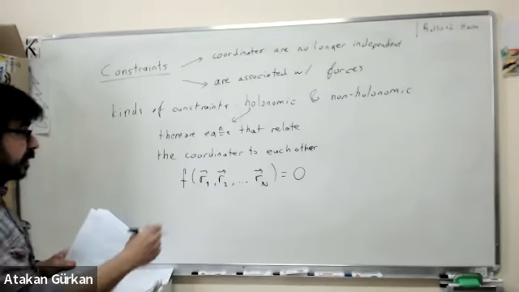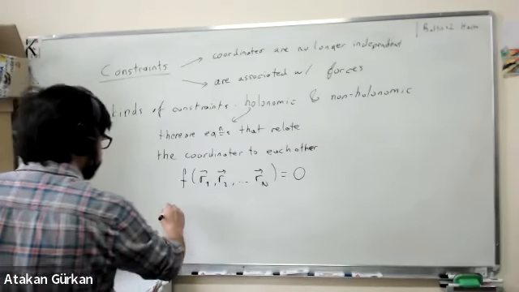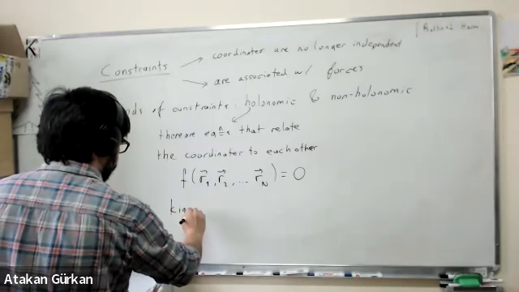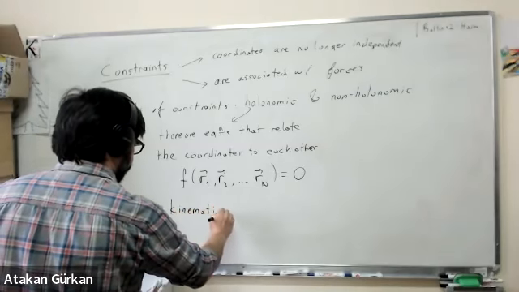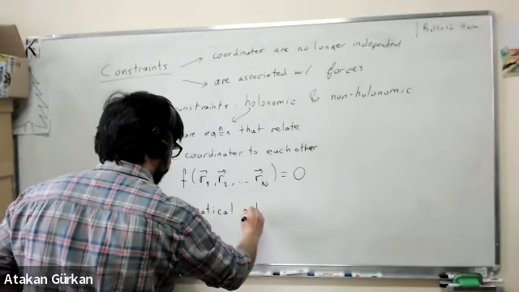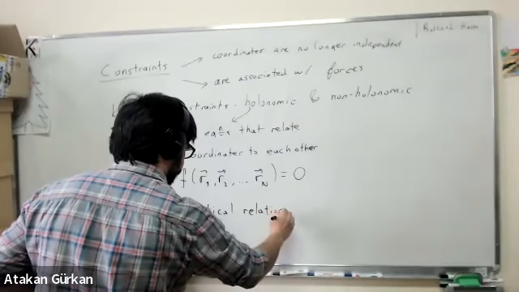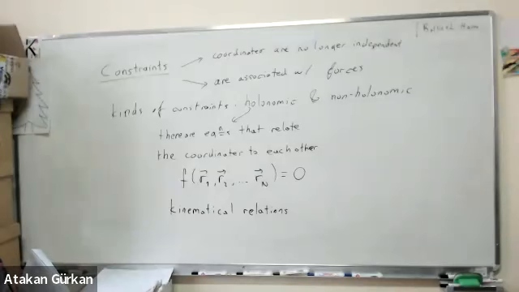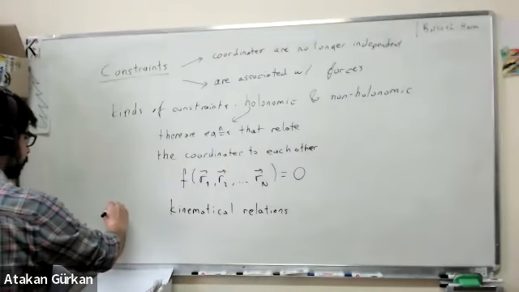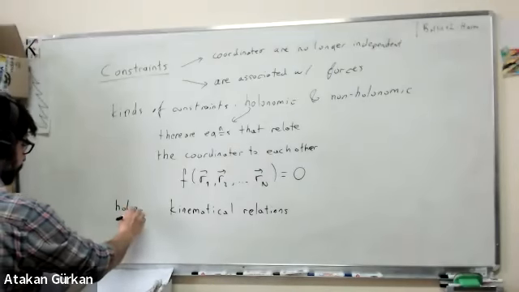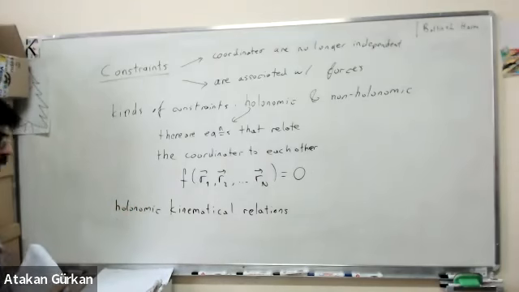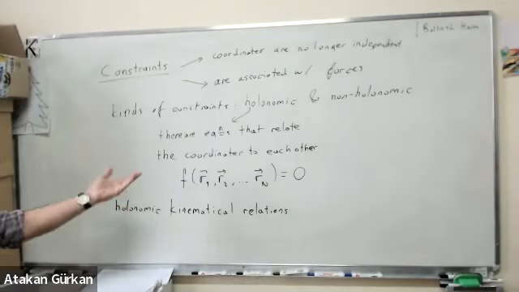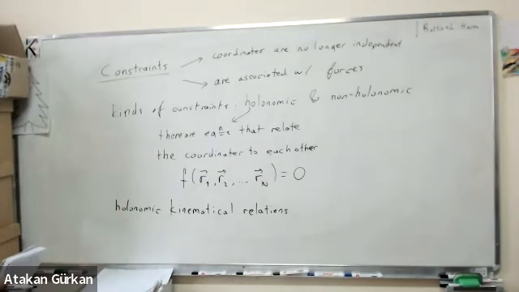Now, these are sometimes referred to as kinematical relations, and because in this case they are holonomic, these are also called holonomic kinematical relations. Sometimes in some books you are going to see these referred to as such, and these actually play an important role. I'll come to this.